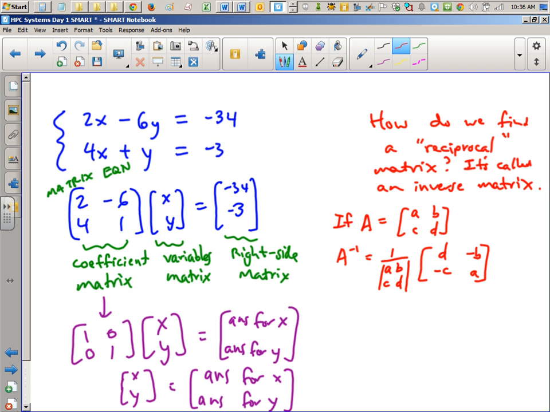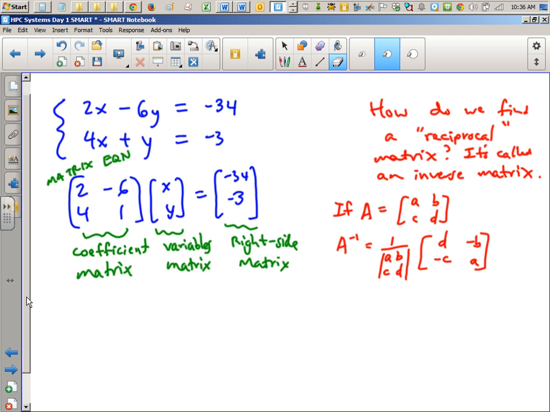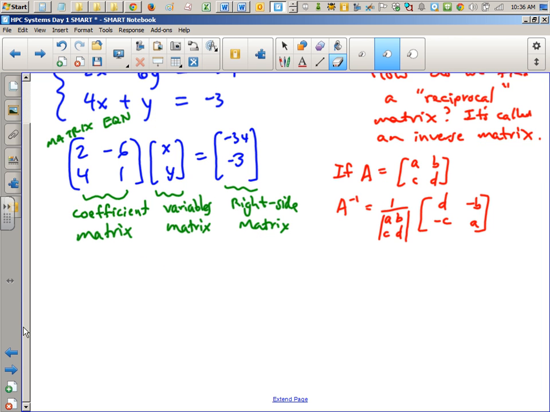All right? So for our problem, let me give myself a little space. We'll go back and actually do this now. The magic reciprocal matrix, you could say, or the magic inverse matrix, would be, first of all, 1 over the determinant.